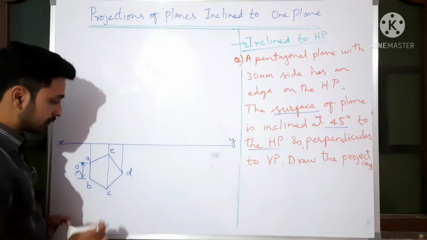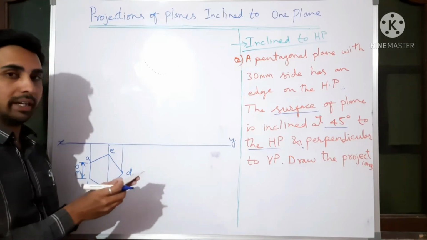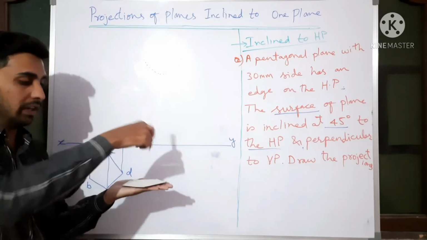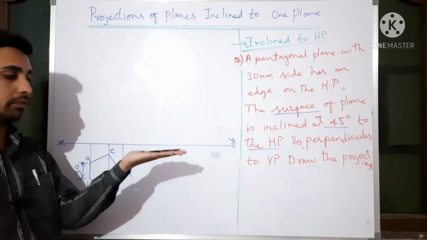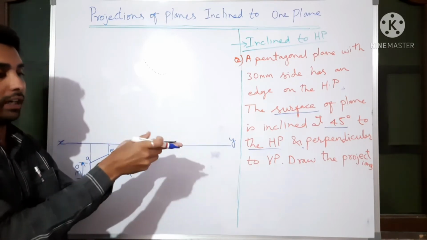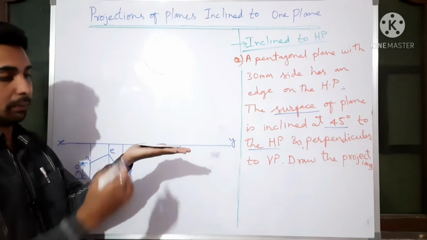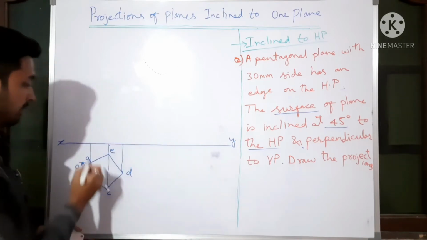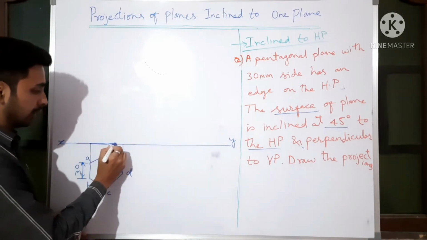Okay, so front view, how will you get it? If the plane is like this, top view we have seen the surface in this way. Front view, one line will be visible. It is not above, it is on the horizontal plane. So one line you can see on the XY line itself. So that is from here to here. This is over.